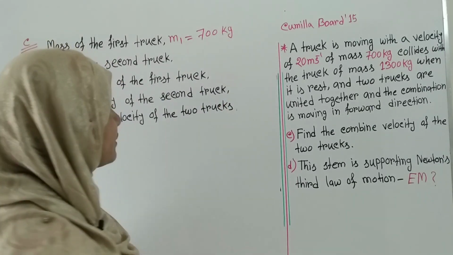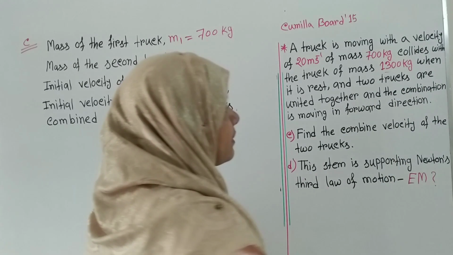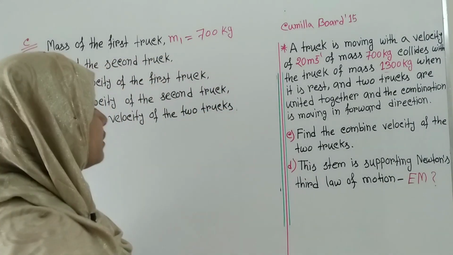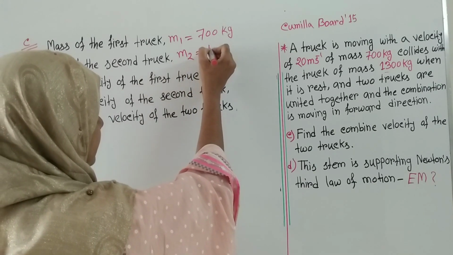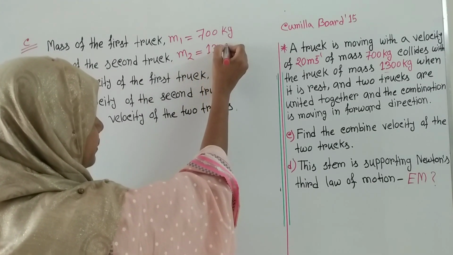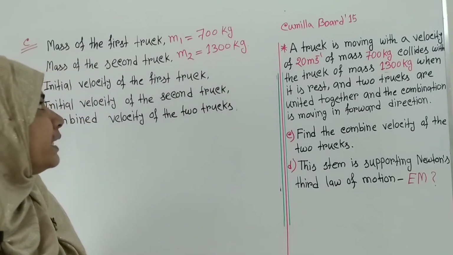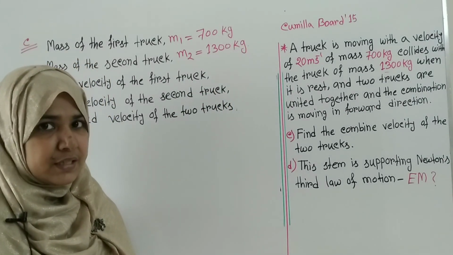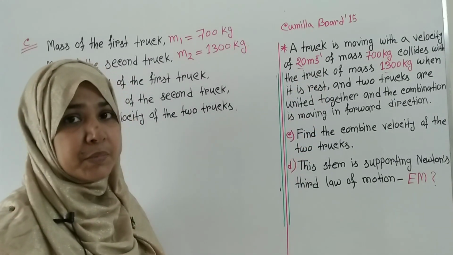The mass of the second truck is 1300 kg, that means the value of M2 is 1300 kg. Now, the initial velocity of the first truck is 20 meters per second.